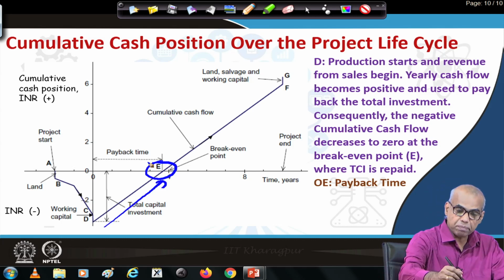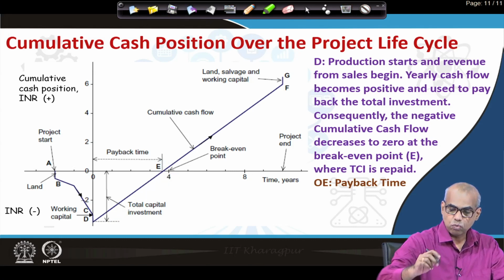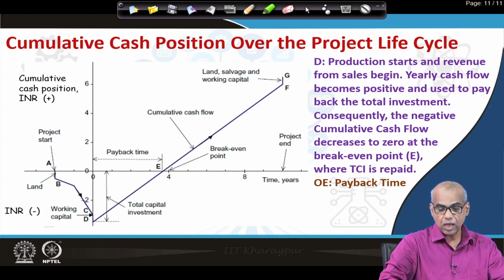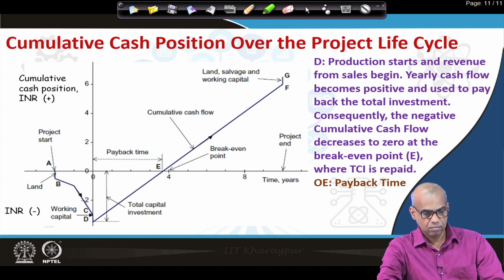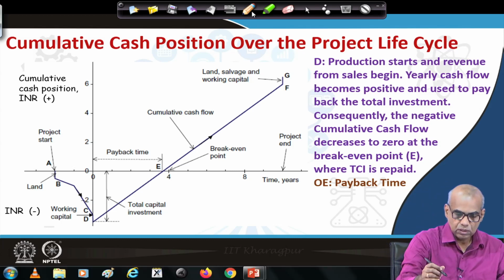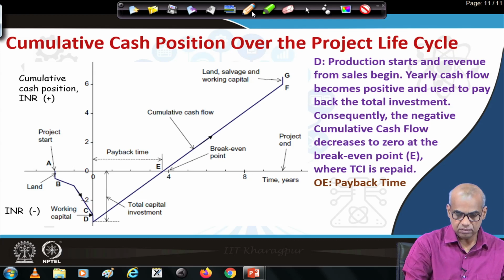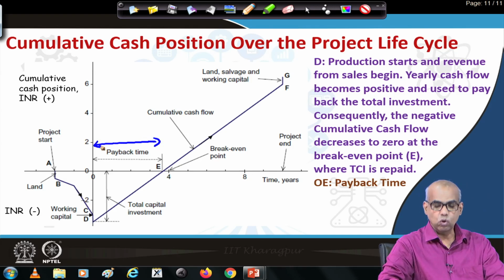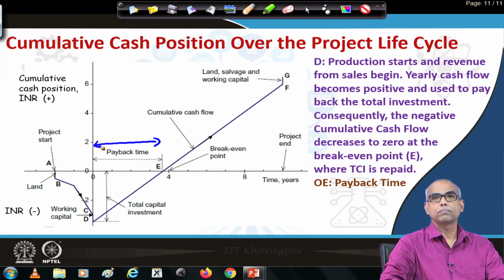So, point E represents the break even point at which you have completely repaid the total capital investment. So, the time over which it is done, namely OE, is known as payback time.